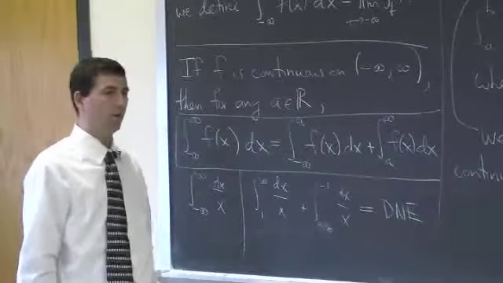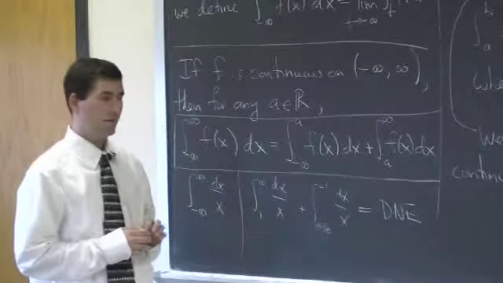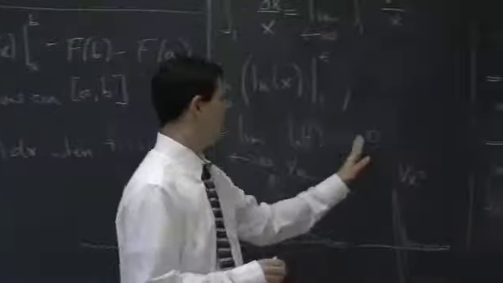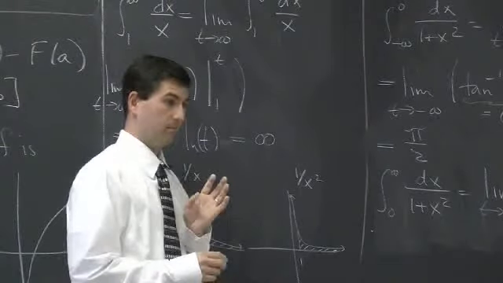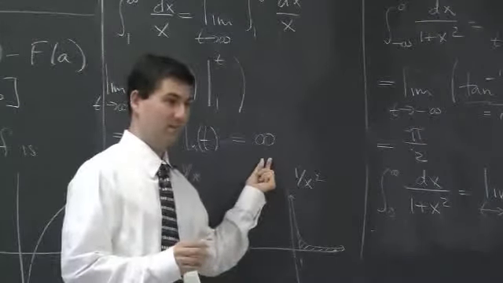It doesn't mean infinity, right? In this case, when it's not a number, we can always write it does not exist. Infinity is a little more specific way of saying it doesn't exist.